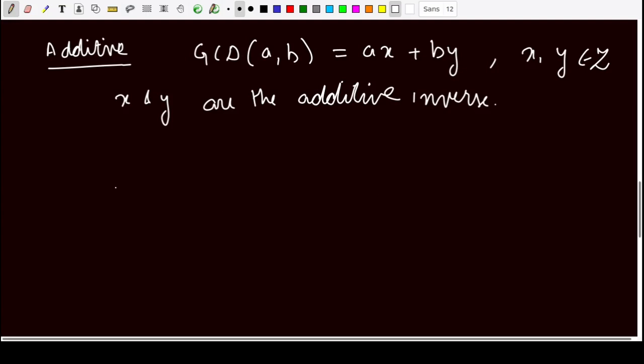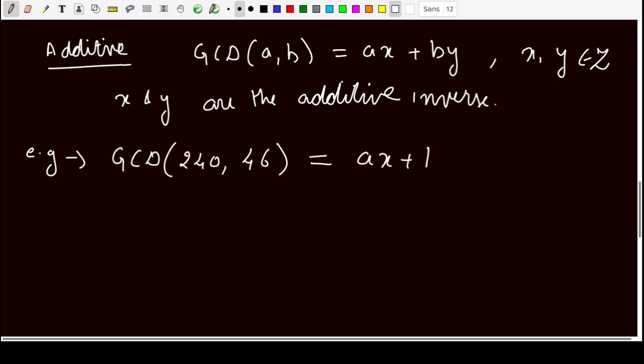Now let us take some examples and try to find the meaning of additive inverse. Let us take an example wherein we want to find the GCD of two numbers, let us say 240 and 46. We know that the GCD of 240 and 46 can be written in the form of ax plus by.